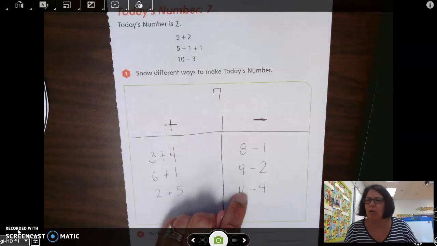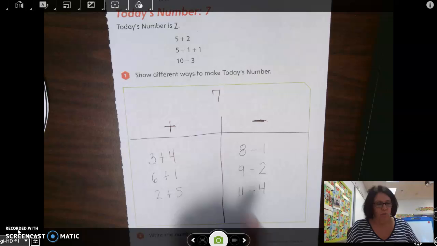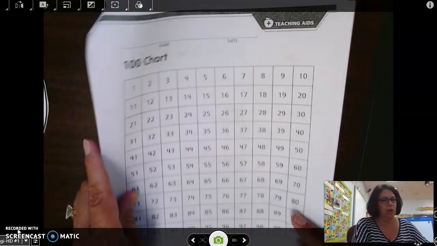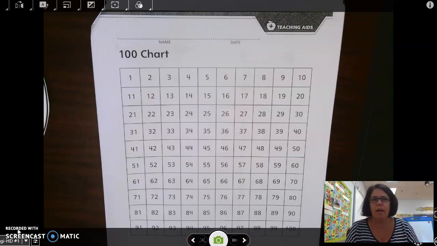So let's take a look, let's use our hundreds chart on this first one, and we'll start here at the bottom, 11 minus 4. Let's make sure that 11 minus 4 does equal 7. I'm going to show you my thinking while I was doing this.